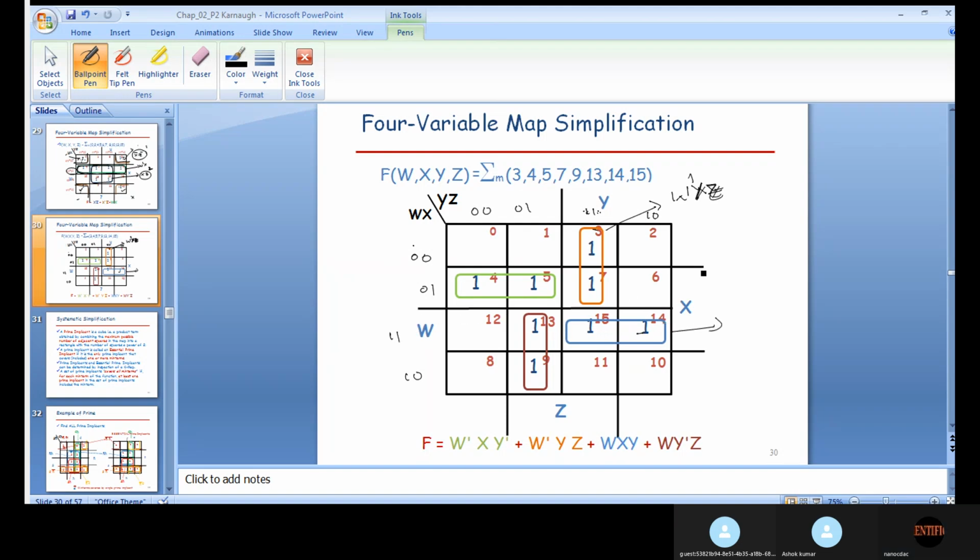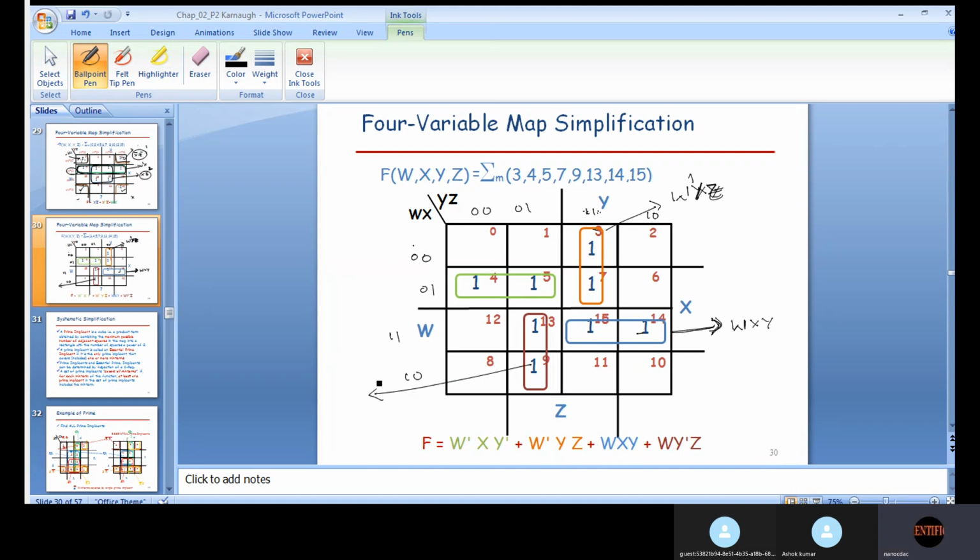Here what is this? W. I have to write, and among this, what is the equation related to this logic? Tell me. Which is common among this? W, x and y. Very good.